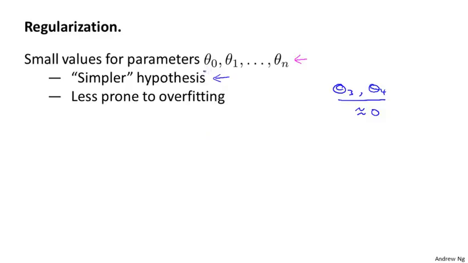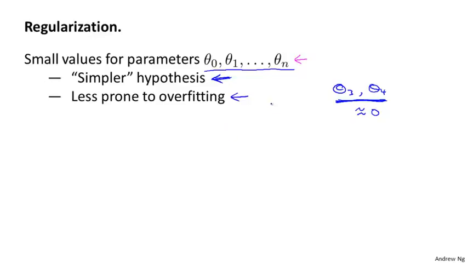But more broadly, if we penalize all the parameters, we can think of that as trying to give us a simpler hypothesis as well, because when these parameters are close to 0, in this example, that gave us a quadratic function. But more generally, it's possible to show that having smaller values of the parameters usually corresponds to smoother, simpler functions, which are therefore also less prone to overfitting.